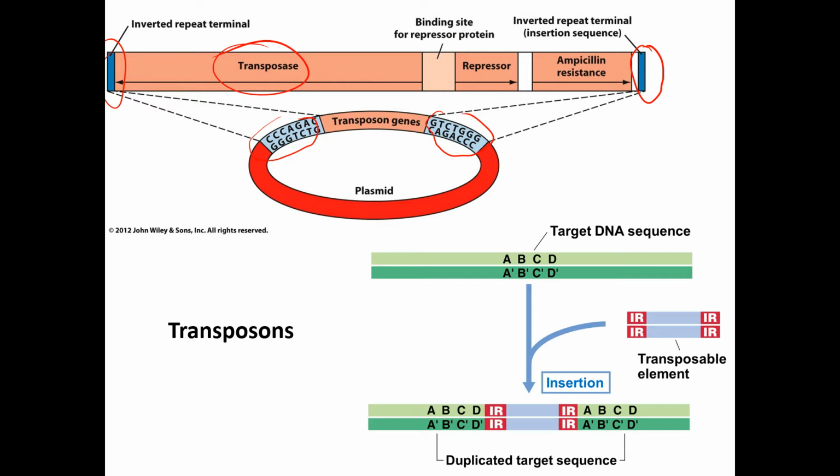And you have the complementary strand of DNA, capital letters, but they all have prime symbols after them. So here you have your little transposable element that can insert itself into the DNA.